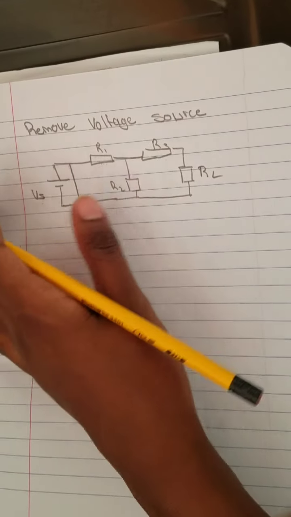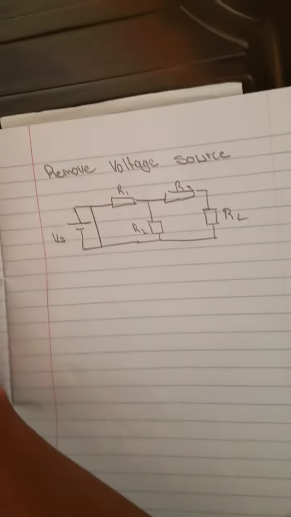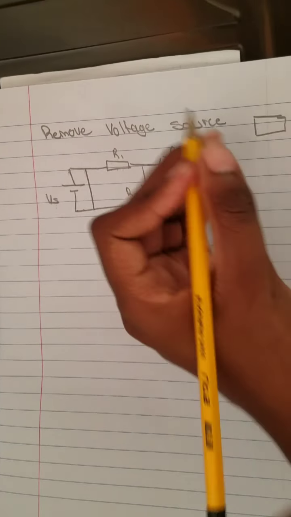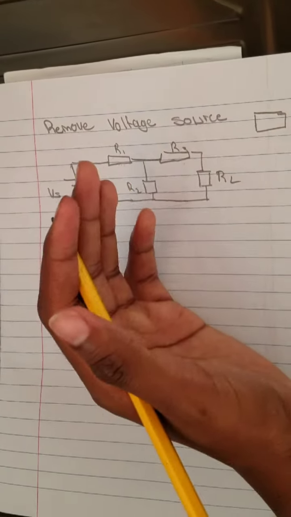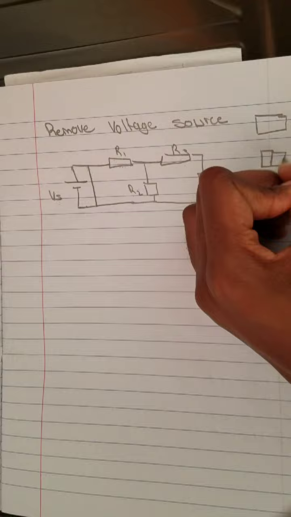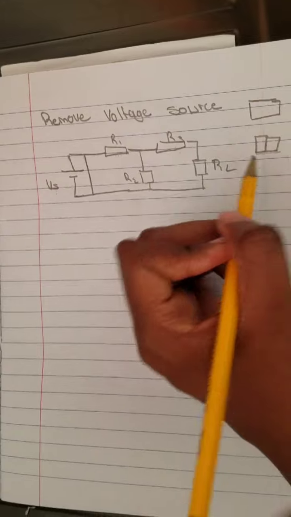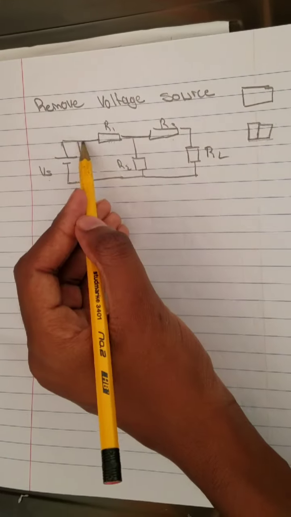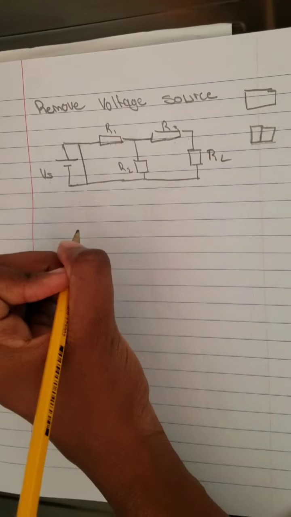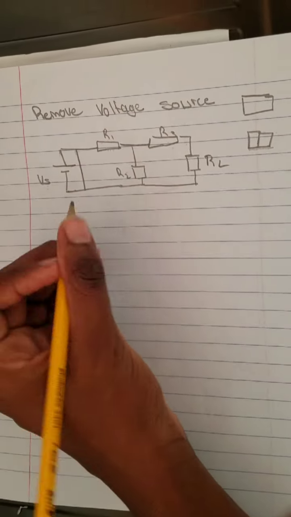Series, remember, is where you have one complete path for the current to travel, whilst parallel is where you have different paths where the current could travel. A current could go here and here and here, and it could also go here. Current can come through here, and it can go here, and it can go here if it wants. So we're just going to construct this in a simpler circuit.